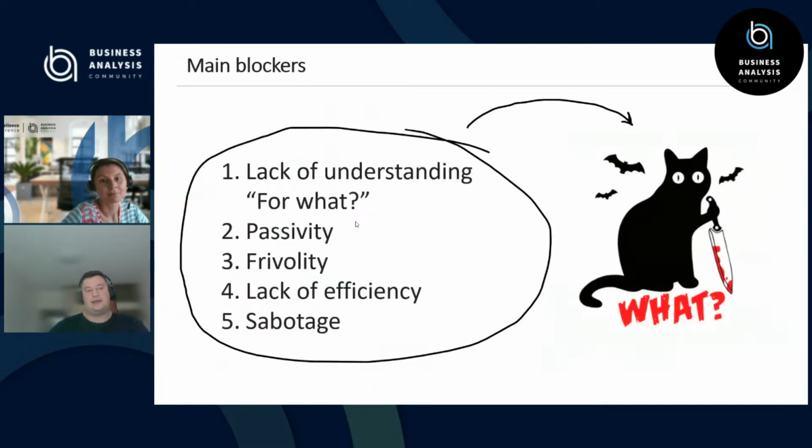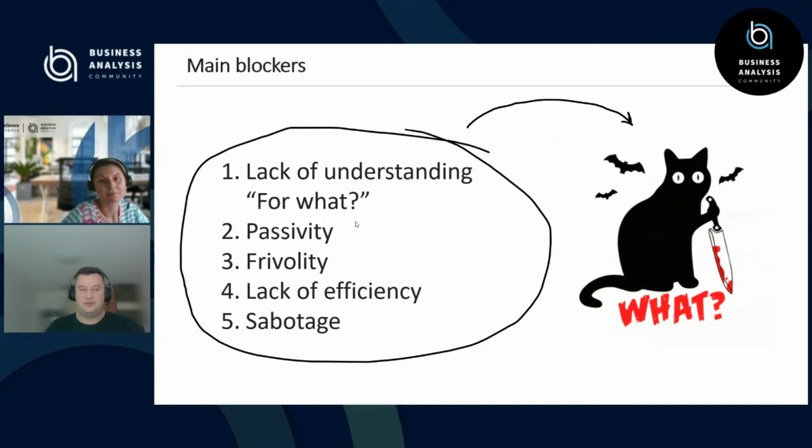And the last slide is about main blockers, the main enemies that block best agile practices usage on the projects. Lack of understanding for what? Obvious. Passivity, frivolity, lack of efficiency, and sabotage.